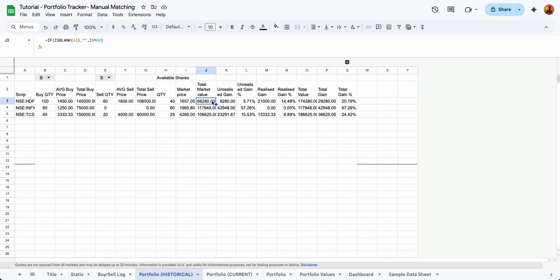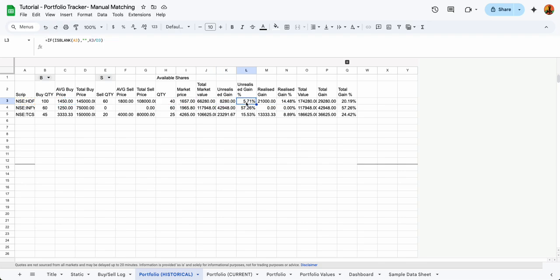Basis that, I can calculate the total market value, which is equal to 1657 into 40, which is the total market value. I've got the unrealized gains, which is the total market value minus, actually I've calculated it using the market price minus the average buy price and the difference into the total quantity that I have available.